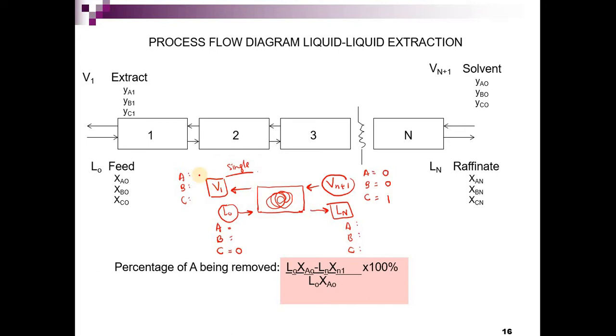So V1 will have A value, B value and C value, and the raffinate has A, B and C value. Just for L0, it only has components A and B. We put C as 0, and Vn plus 1 only has C, and we put 1. A and B is 0. So this is for the single stage.